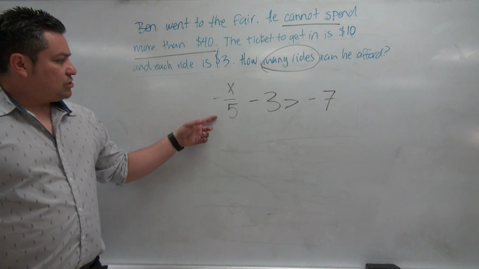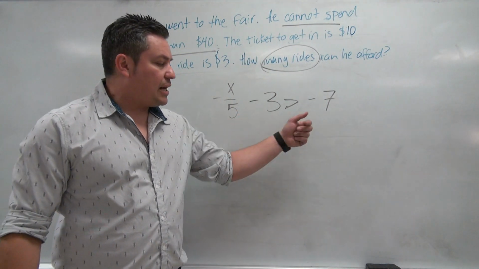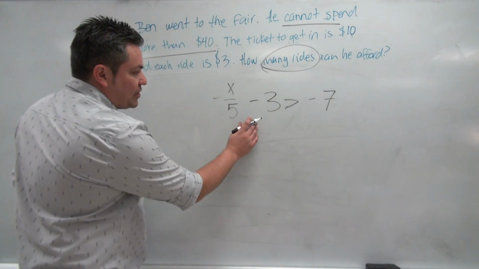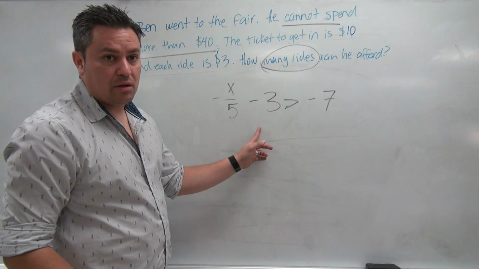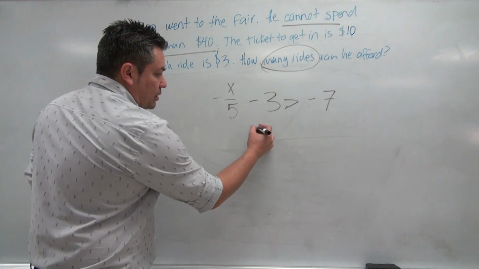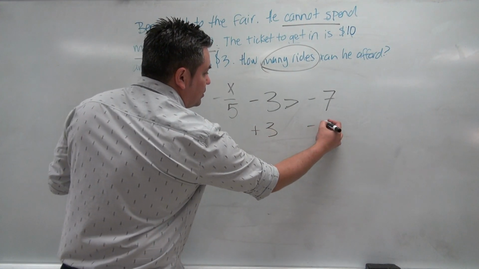So we're gonna solve it regularly. My first step will be to get rid of the 3. It's subtracted, so add 3, because that's the opposite of subtract, right?